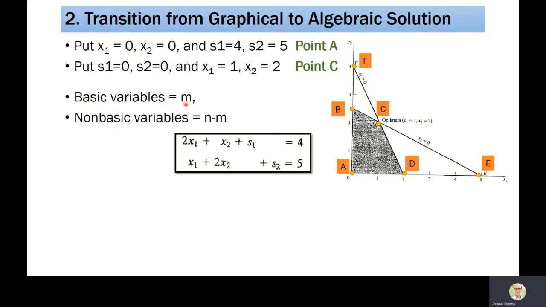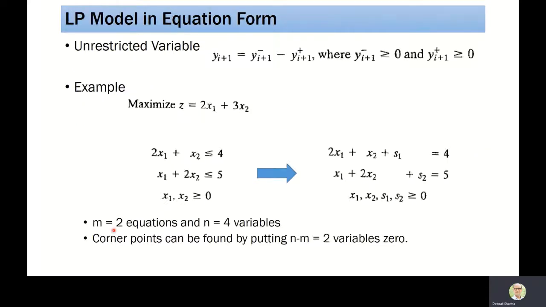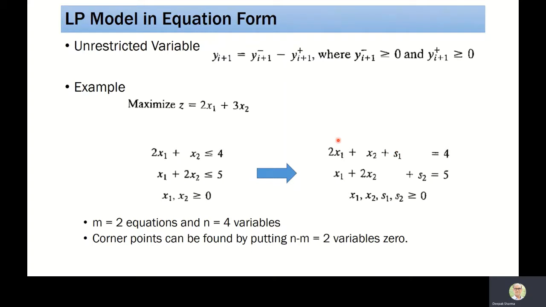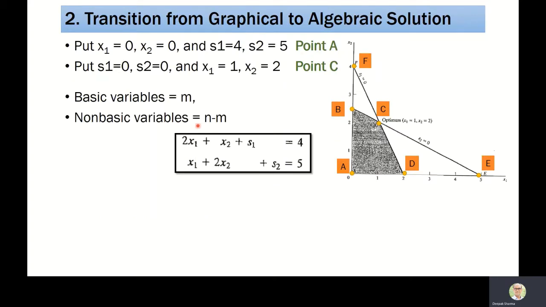The basic variables number equals m. What do you mean by that? We know that m represents the number of equations. So the number of basic variables will always be equal to the number of equations in the LP model. What are non-basic variables? After adding the slack and surplus variables, the total number of variables we get is n, and n minus m will become the non-basic variables.